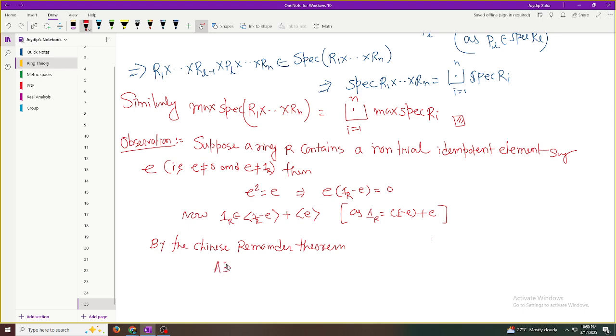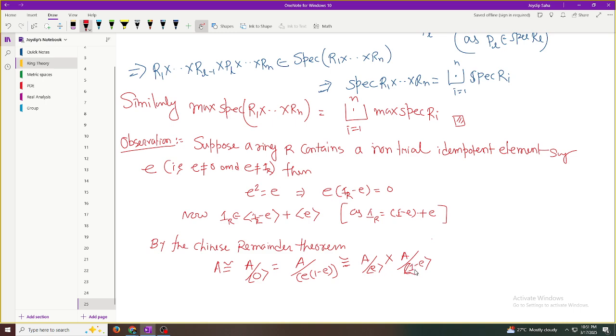R is isomorphic to R mod the 0 ideal, where 0 means the 0 ideal, which is isomorphic to R quotient E generated ideal cross R quotient 1 minus E generated ideal.